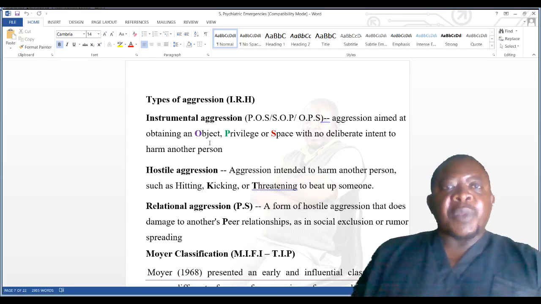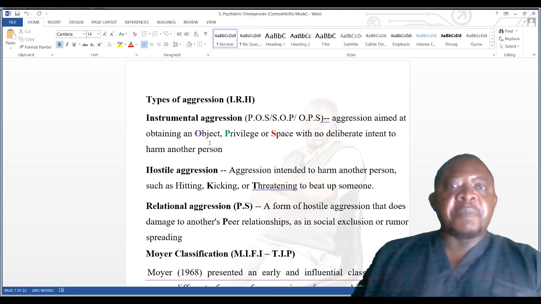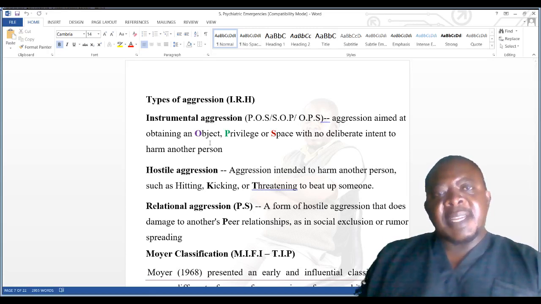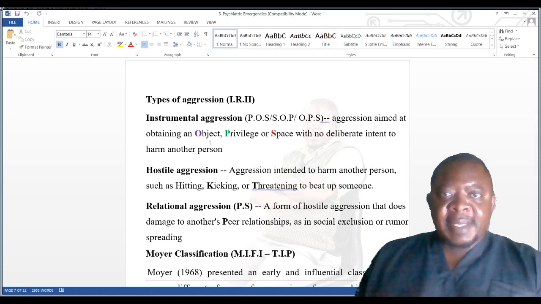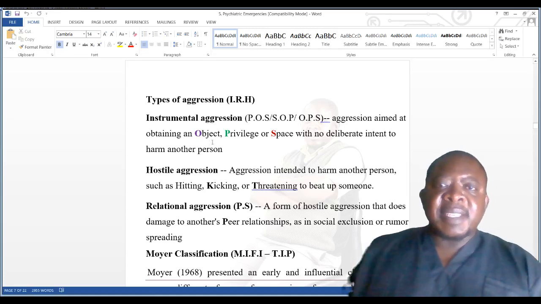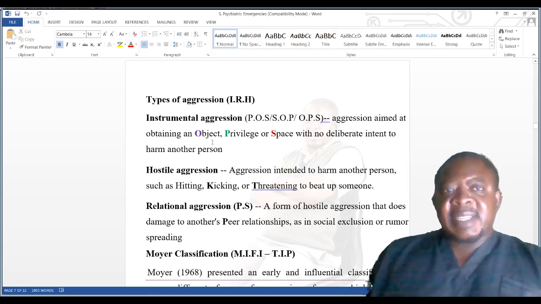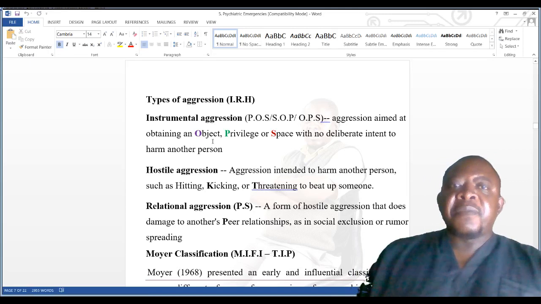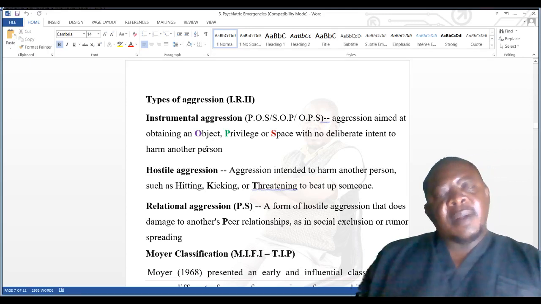You can start with space, you can start with privilege; it doesn't matter what you start with, but you need to explain that the aim is obtaining POS. There is no deliberate intent to harm others, but your target is the object, privilege, or space for yourself.